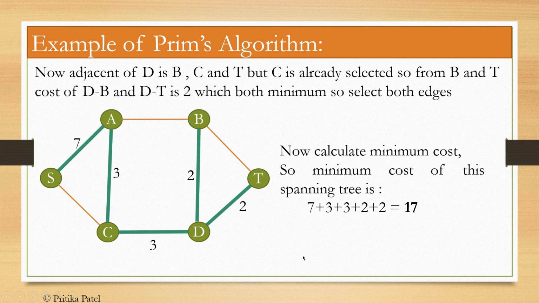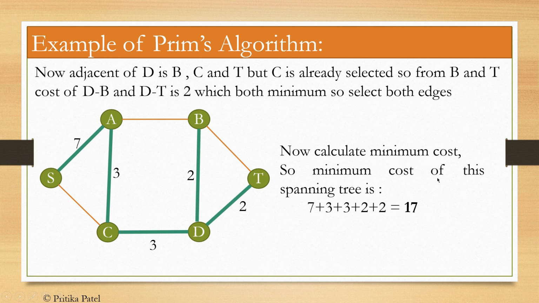The weights of D to T and D to B are both 2, which are the minimum, so both edges are selected. Now we have completed all the vertices, so now calculate the minimum cost.